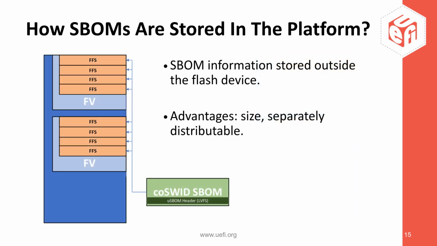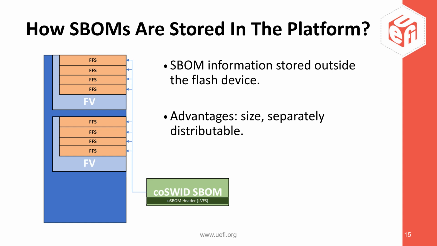And following on from that, you could take an option which seems to be very popular these days: you don't deliver the SBOM inside the binary, whether it's in CoSWID format, converted from CoSWID to SPDX or CycloneDX, or in SWID text format. It is stored outside of the binary.